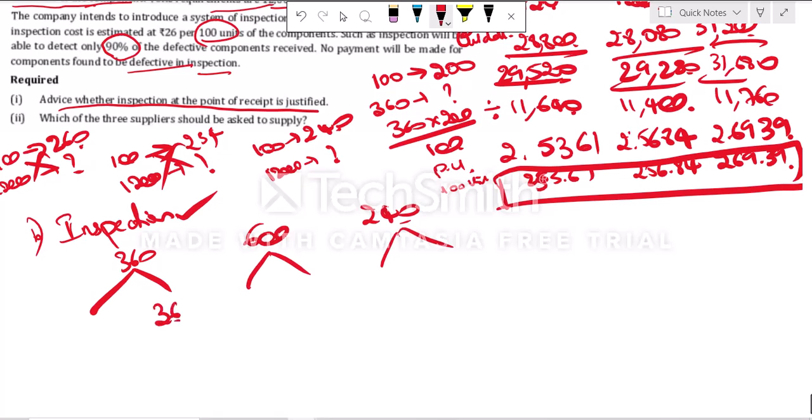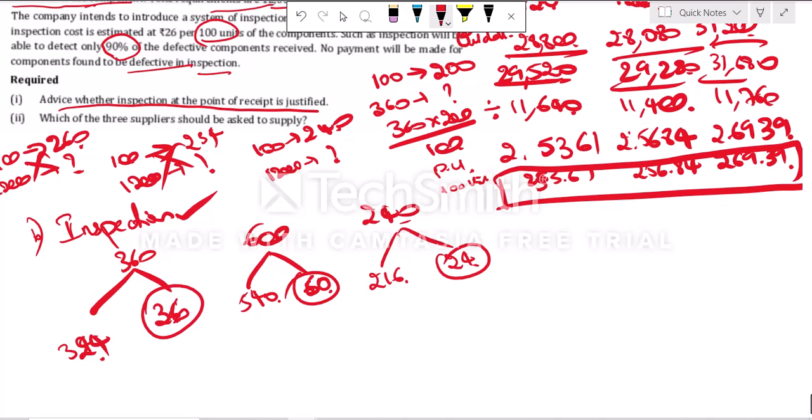So 360 minus 36 will be 324, these are returned and replaced. For this they have to incur defective cost on 36. In the second case, 540 goods will be returned and replaced, and 60 will be the bad products for which they incur the cost. In the third case, 240 minus 24, 216 will be identified and returned, and only 24 products will incur the defective cost.